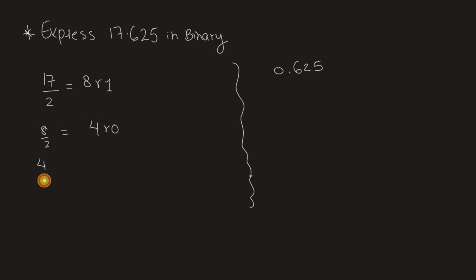So 4 divided by 2, that's 2 remainder 0, and then 2 divided by 2, that's 1 remainder 0, and then 1 divided by 2, that's 0 remainder 1. Okay, so now you see you finally got a 0 over here, so this means you have to stop.